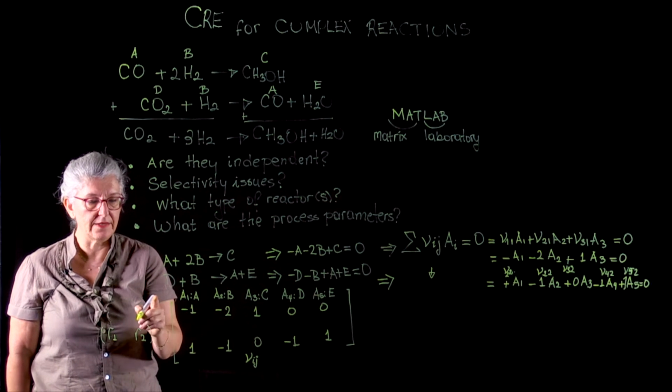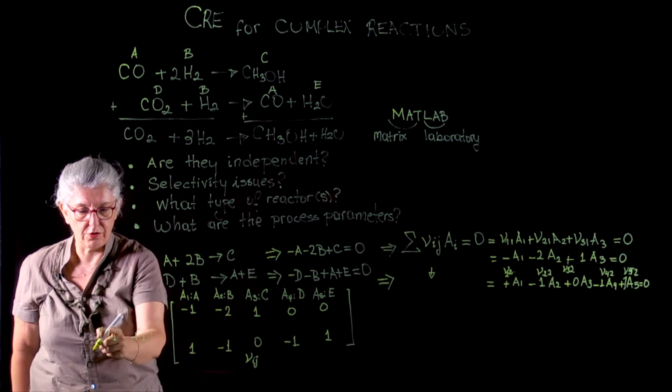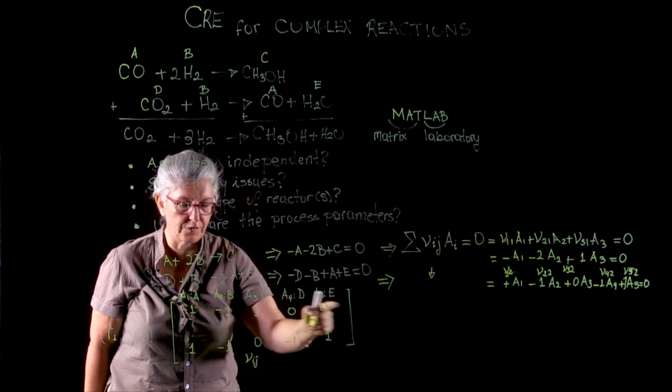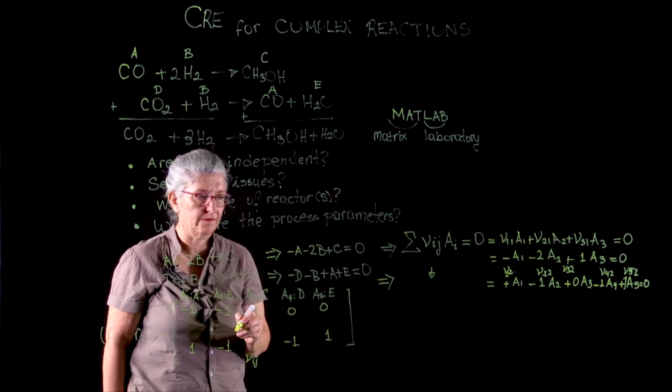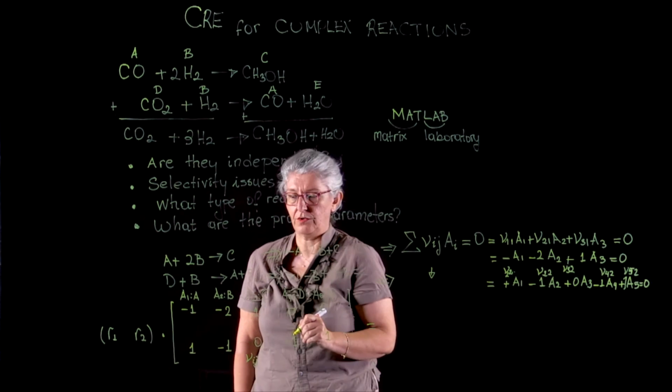Now let us do the matrix multiplication of R1, R2 with this stoichiometric coefficient matrix. I will derive the first component.